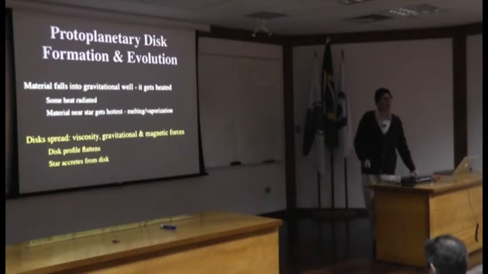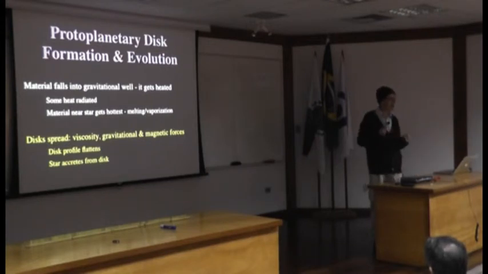Okay, so to transfer angular momentum from the star to the disk, so the rapidly spinning star can slow down, there are two fundamental ways. If the star really is spinning extremely rapidly, it becomes triaxial, a Jacobi ellipsoid.